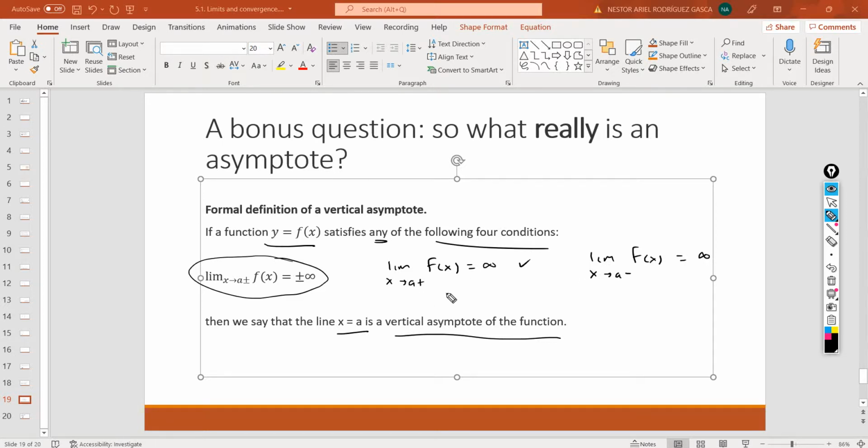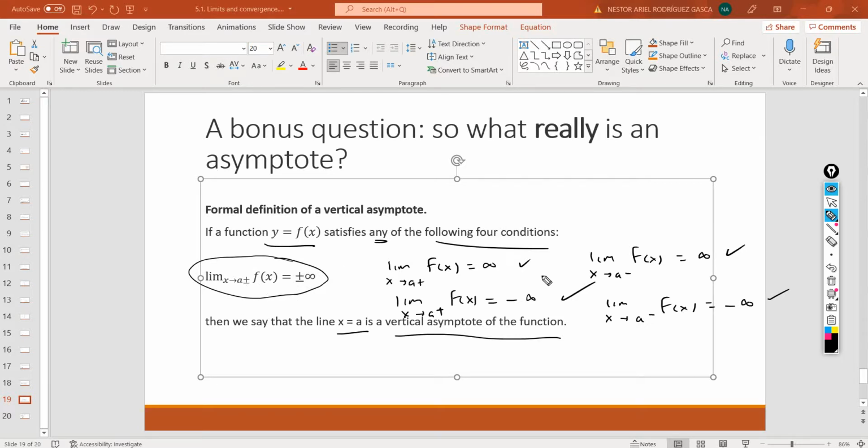And then the other two, when we approach a from the left of the function, is equal to minus infinity, and the limit as x approaches a from the right and then from the left of the function is equal to minus infinity. All of these four cases, guys, are contained in this one single neat symbol.